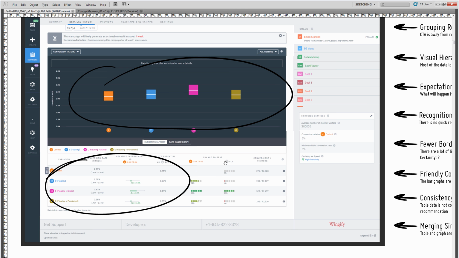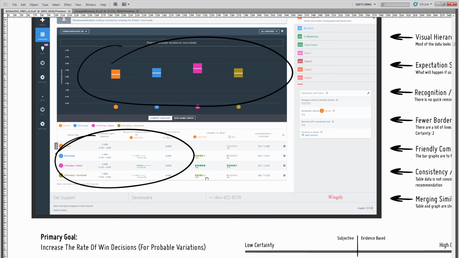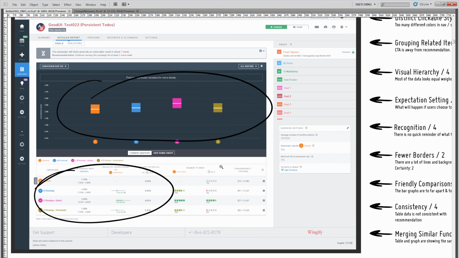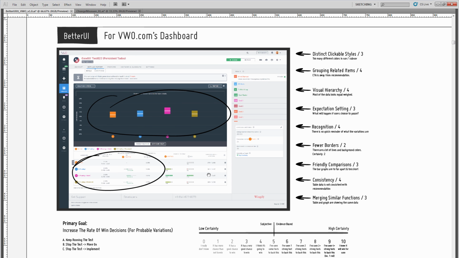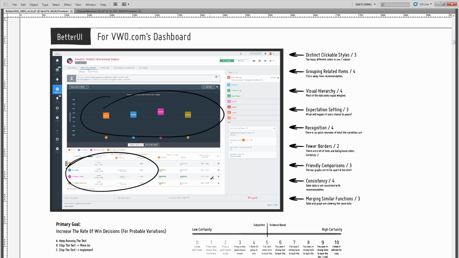So it's an opportunity to merge, so that people are not strained. There's less data to be processed, and hopefully the decision to run or pause can be clarified.